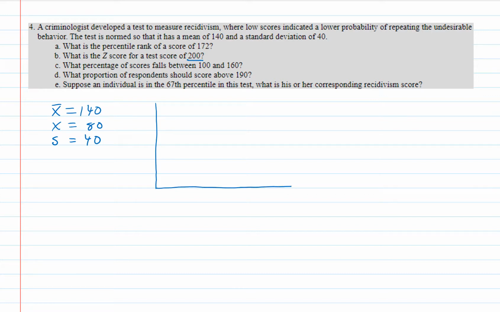We always want to start these problems by drawing out a normal distribution so we know what it is we're looking for. And it can be as poorly drawn as the one that I've drawn out over here. Our mean is 140, and that corresponds to a z-score of 0. And we're looking for the percentile rank of a score of 172.